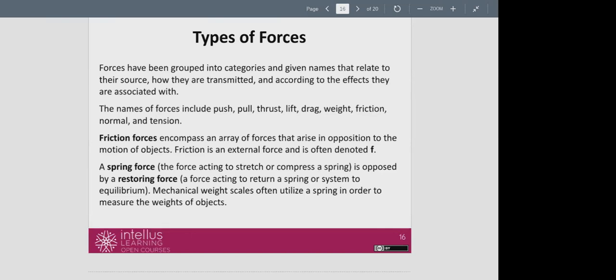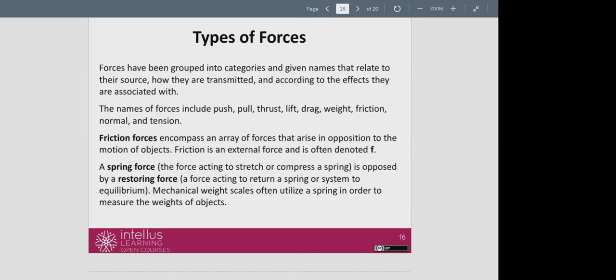Okay. And again, as I mentioned, this is the force that Galileo did not properly account for. Anytime things are touching, there's friction. Even though you don't readily see the push or pull, it is there between surfaces.